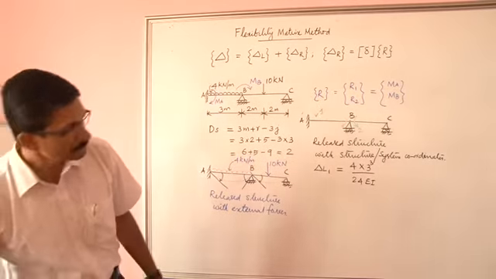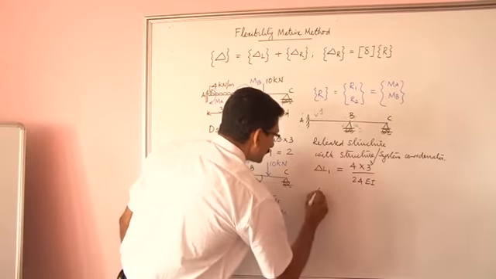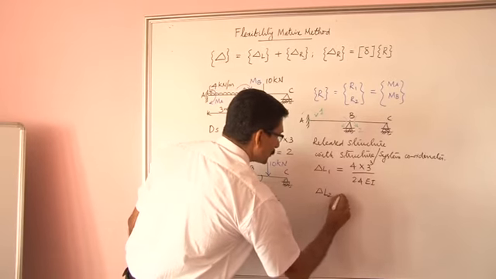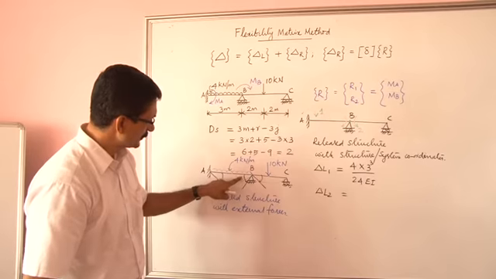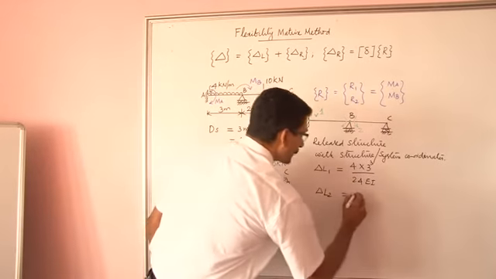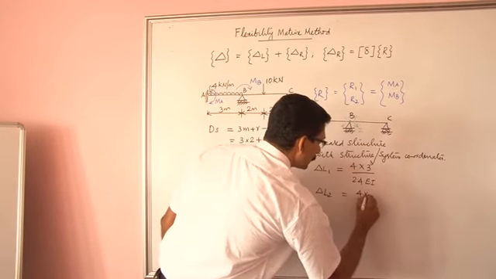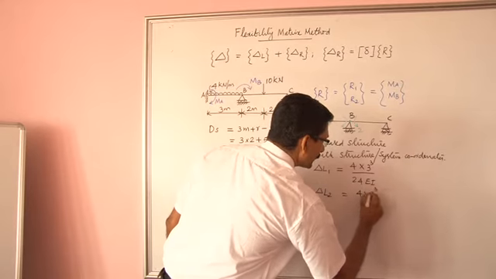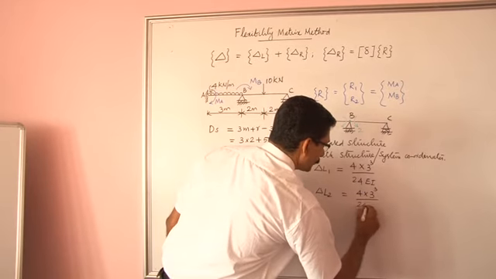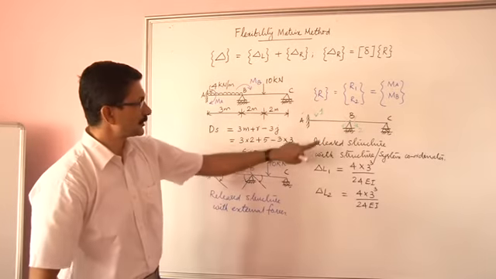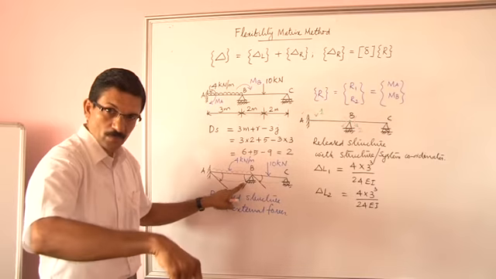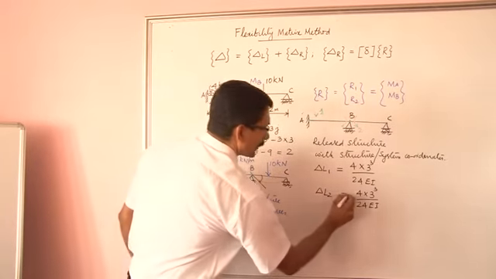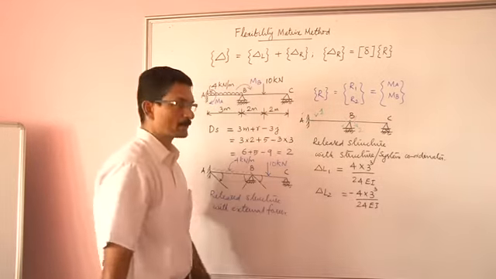Further, delta L2 is equal to the sum of these two angles. This angle will be W L cube divided by 24 EI. We have assumed this coordinate as clockwise, but this rotation is anti-clockwise, so we have to put a minus over here.